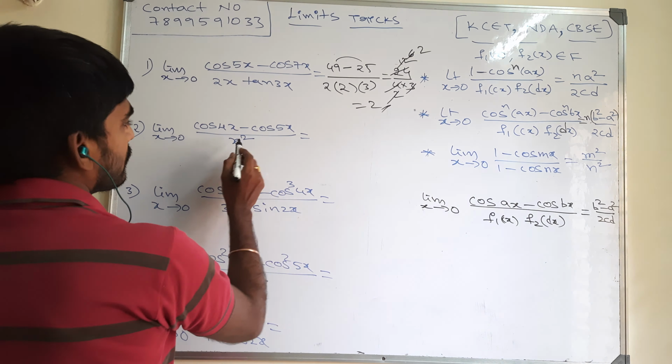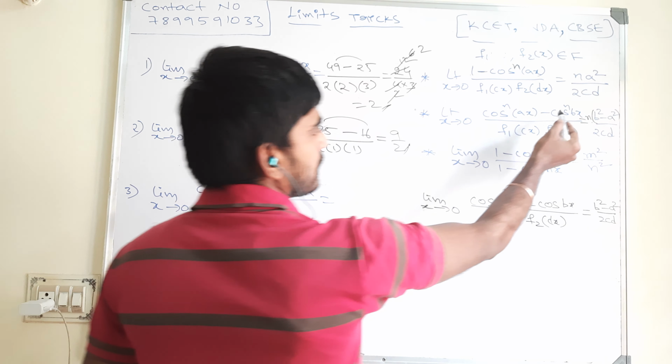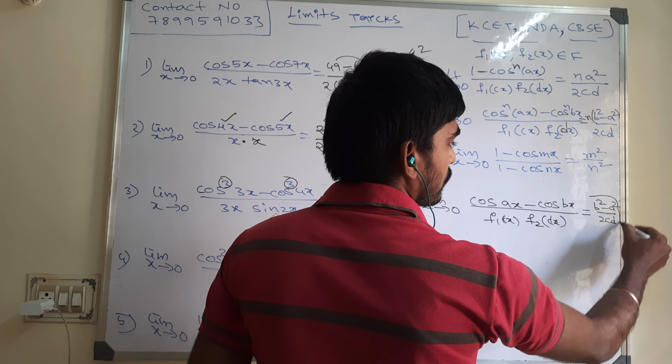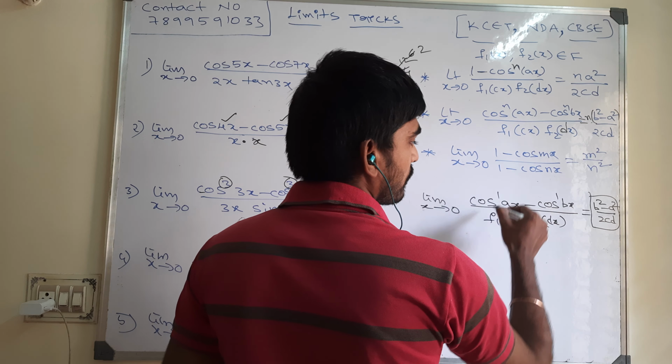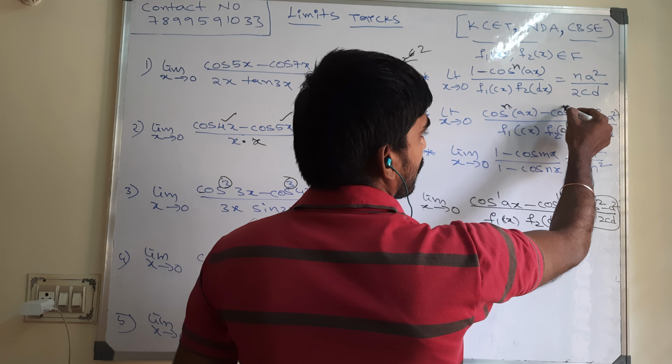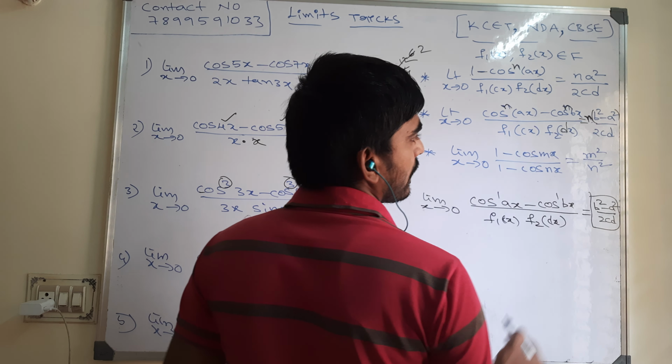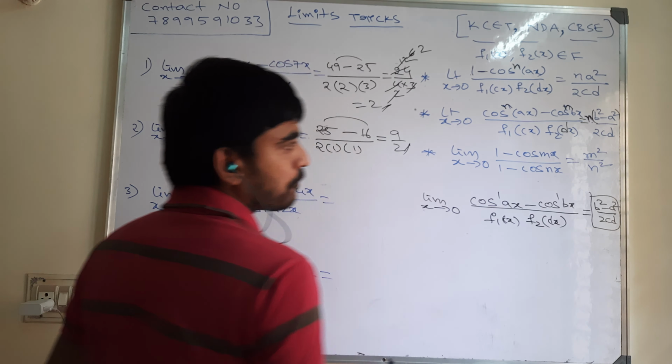Now tell me here: (cos cube 3x minus cos cube 4x) by 3x into sin 2x. Now what to do here? Power n is there. When the power n is some different value, you should multiply with n of (b square minus a square) by 2cd.